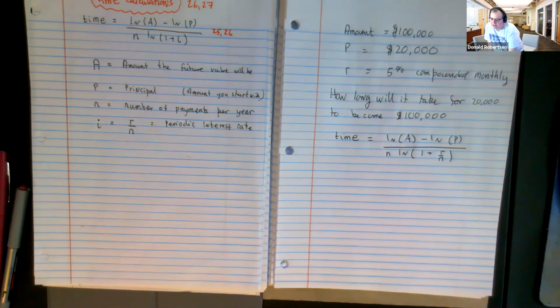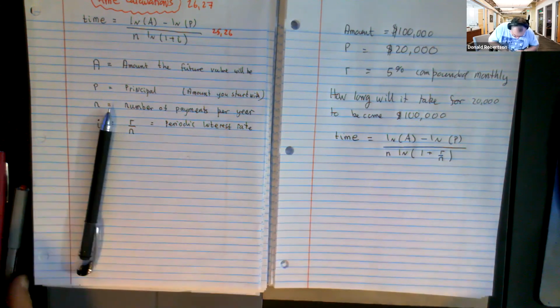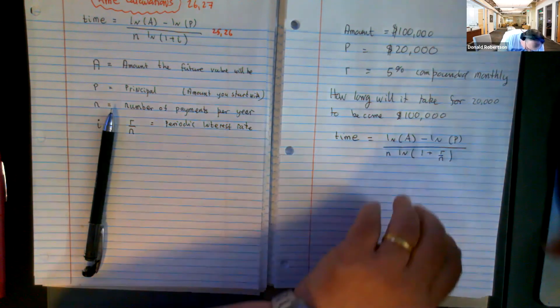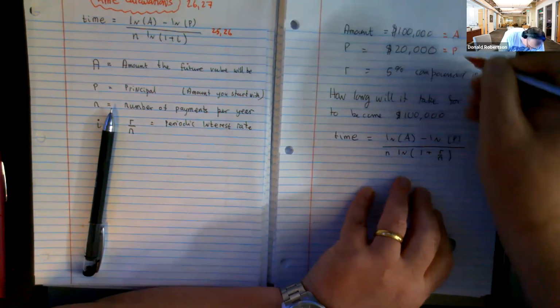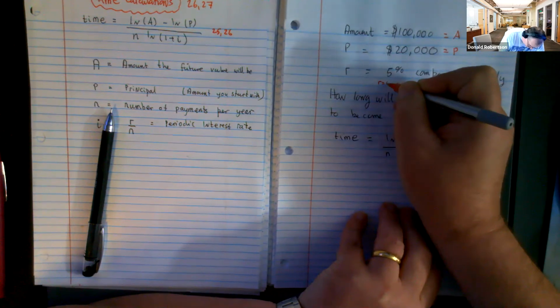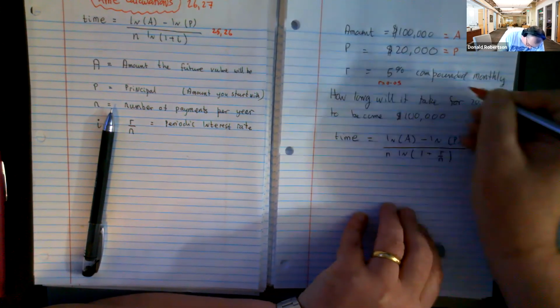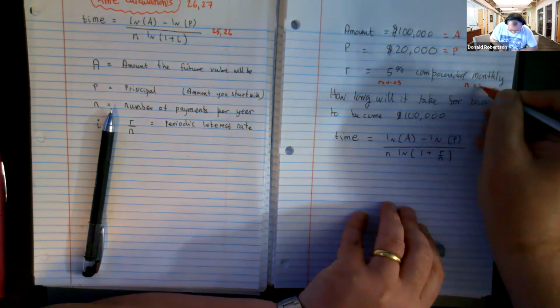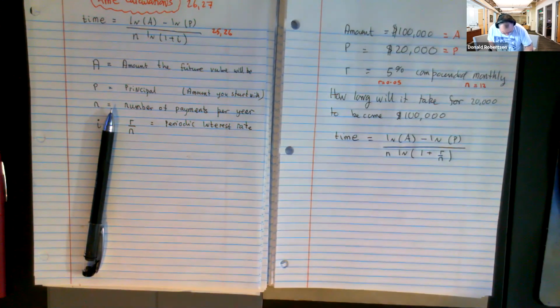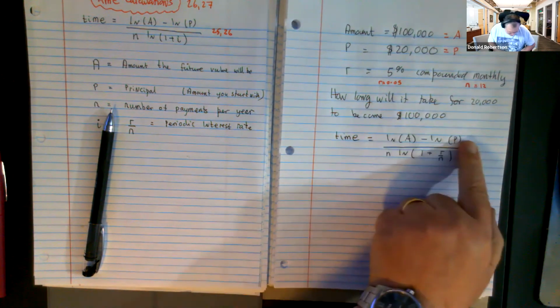Because that seems to be the version that you like. It's 1 plus i, but we're using 1 plus r over n. Now let's see, do I know everything that I need? There's A, there's P, r is 0.05, and compounded monthly tells me n is 12. So all the things that I need are here.